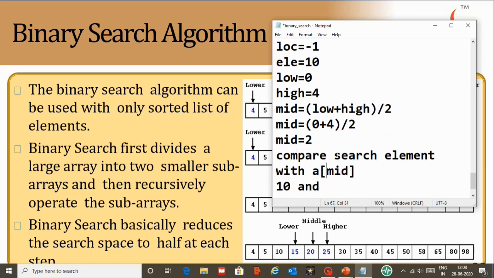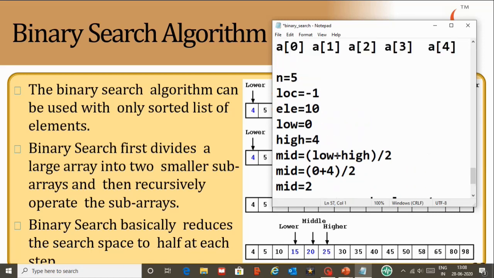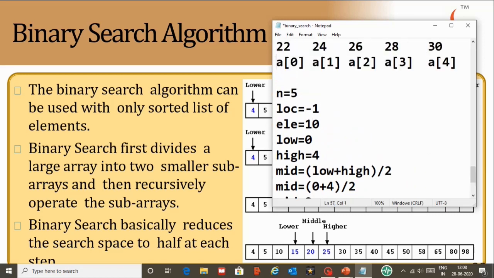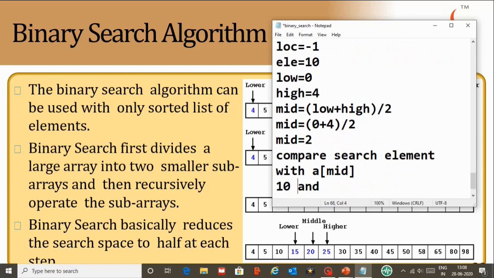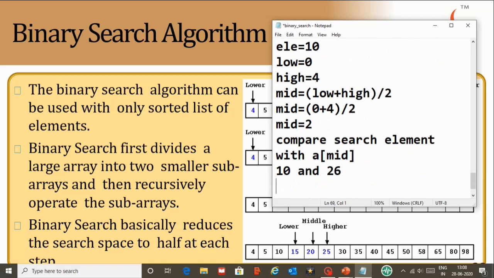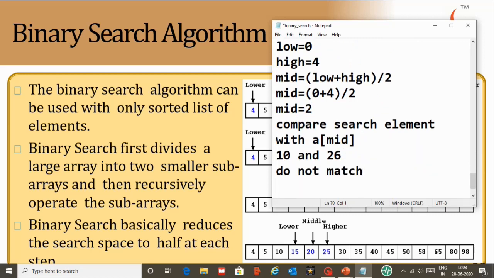So what is A of 2 here? A of 2 is 26. So they do not match.